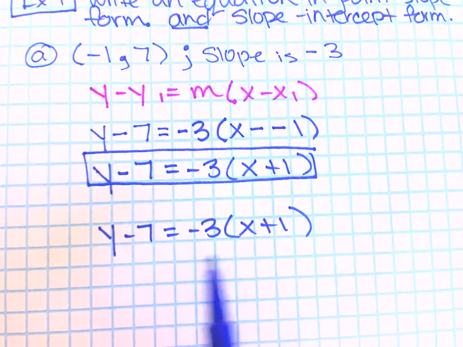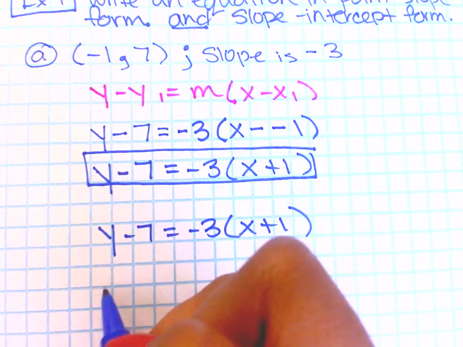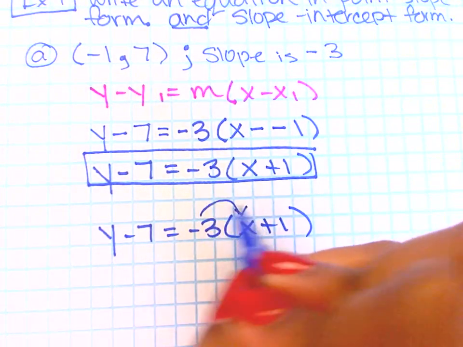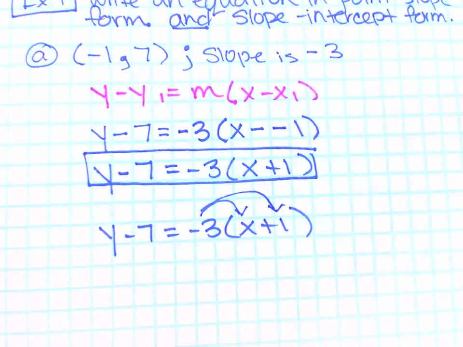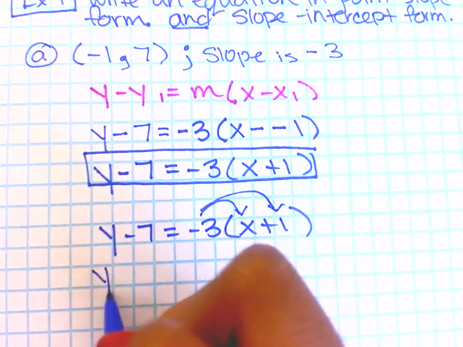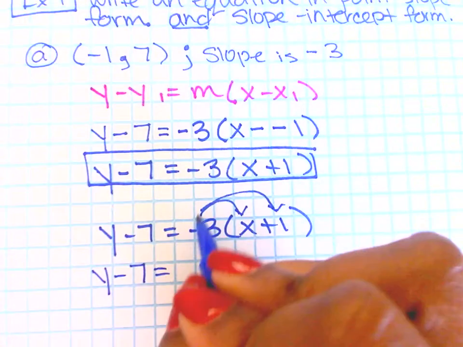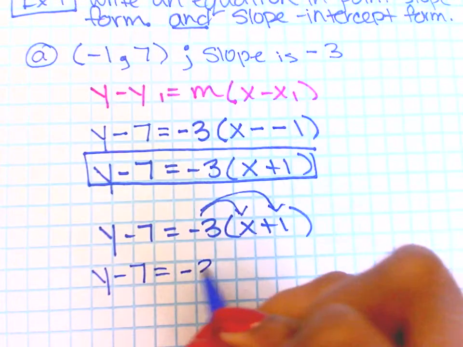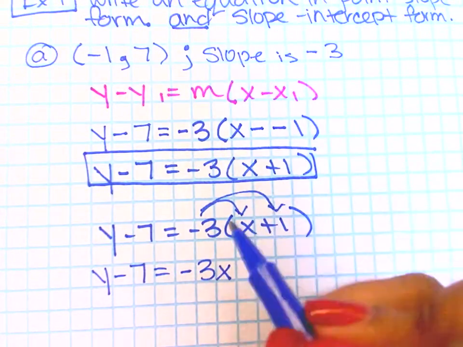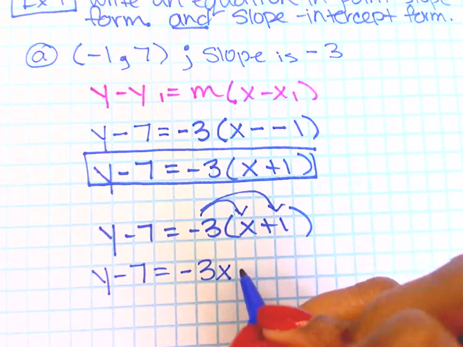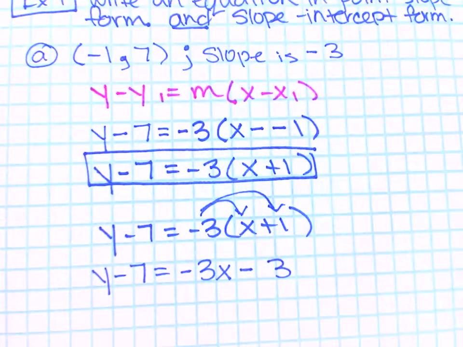What can I do to make each side at its simplest form? Well, I need to distribute negative 3. So I'm going to get y minus 7 equals negative 3 times x is negative 3x, and negative 3 times 1 is negative 3. So the first thing I did was distribute.